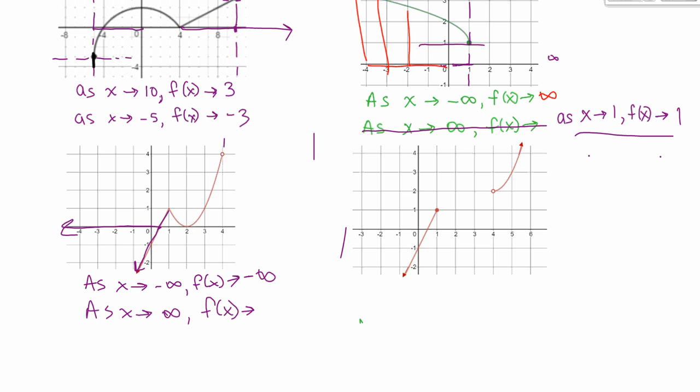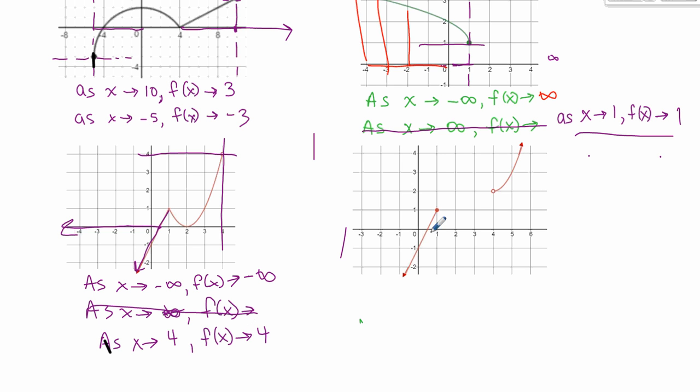Okay, this right side, this is as far as I can go, and it looks like that's as high as it goes. So instead of infinity right here, I would say as x goes to 4, f of x goes to 4 also. Again, that statement isn't completely correct because there's more to it than that. But for now, that's all I need you to worry about is that you understand that it goes there.